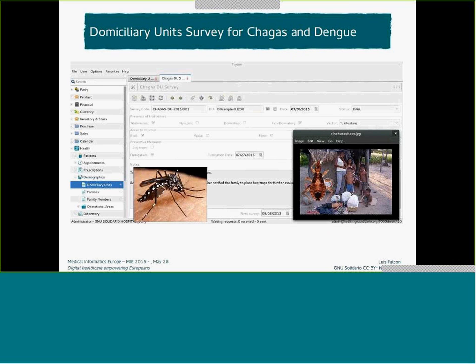So questions like: what vector are we dealing with, have triatomines been found in the domiciliary unit, what are the areas to improve, where are the walls, where is the roof, where have bed traps been put in place, where has it been fumigated, and so on.